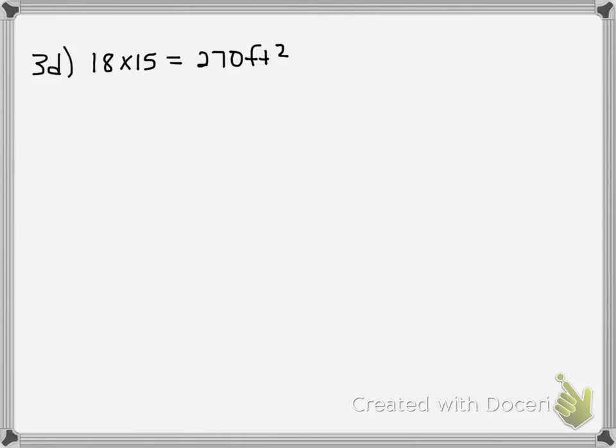Any ideas of what we should do now? We found square feet earlier, didn't we? Which letter was that? Oh, that was B. Letter B, we found the square feet there, of that paper bill.